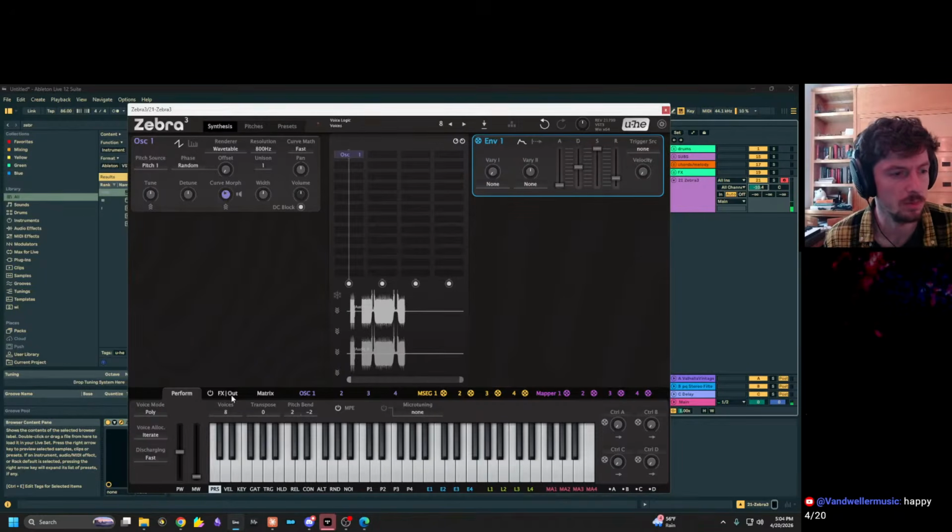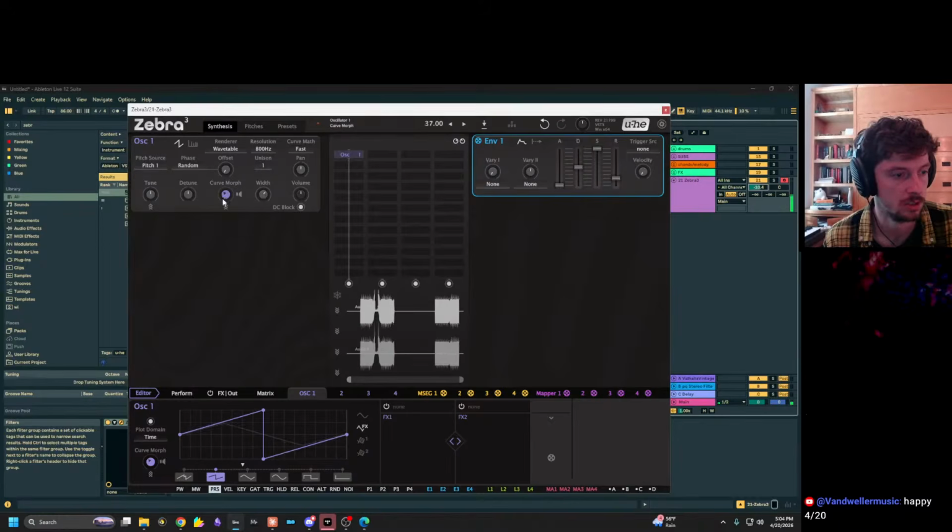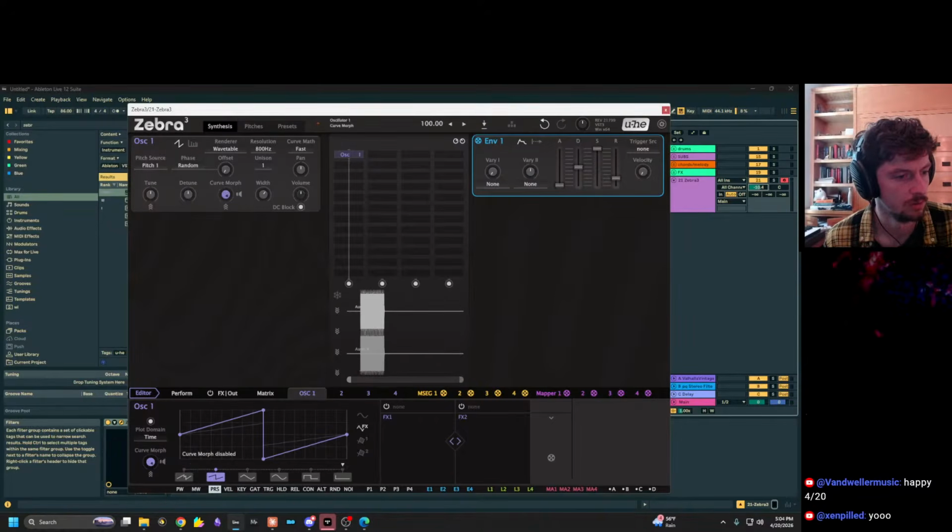I feel like if they wanted to make this more intuitive, they should have made the curve morph have some sort of visual indicator up here, instead of having to go over here to look at what curve morph is doing. That would have been probably better. What does this do? It just turns it into a straight saw wave? If I hit listen? Oh, curve morph disabled. Which makes it default to the second node for some reason?